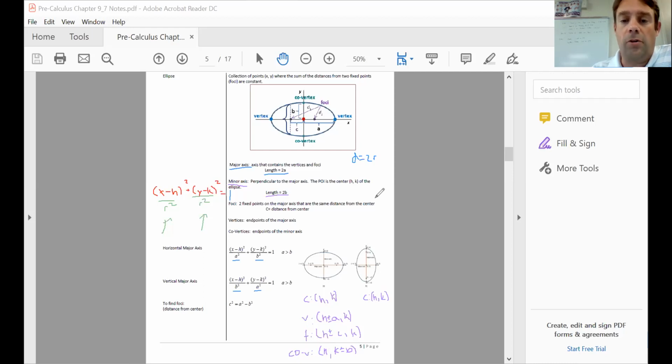Now, the vertical ellipse, same exact thing. The center is still going to be H and K. It's just whatever I add A to is going to be the opposite. So for my vertices, since it's vertical, I'm going to add A to my K value, not my H value.